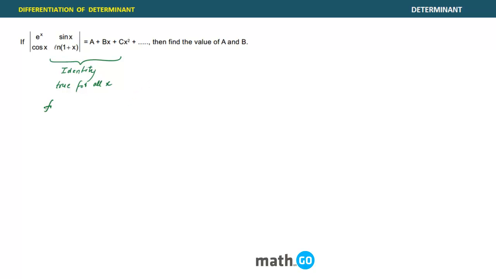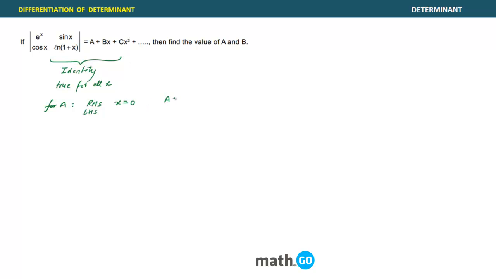So how can you find a? If in the RHS you leave this term, then you will get a. This can be achieved by putting x equal to 0. So in LHS and RHS, just put x equal to 0. RHS will only be a.